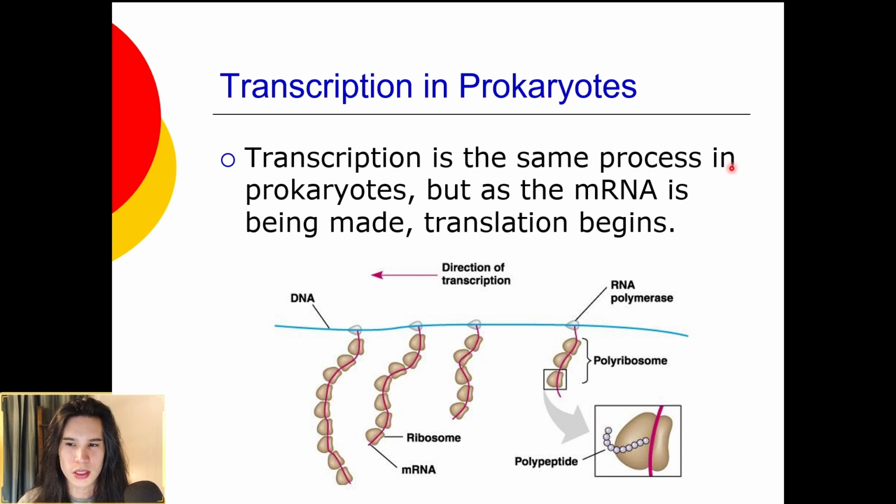So transcription is the same process in prokaryotes, but as the mRNA is being created through transcription, translation begins already. So here it looks like this is the first period, and then as it's creating that longer and longer mRNA, all of these little brown globs are actually ribosomes that are translating it already.